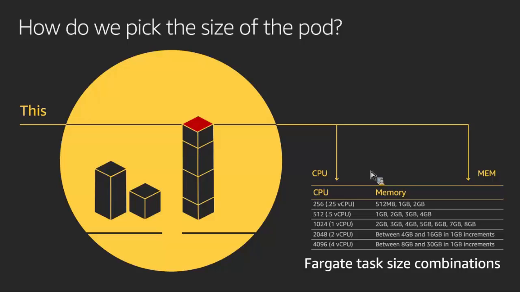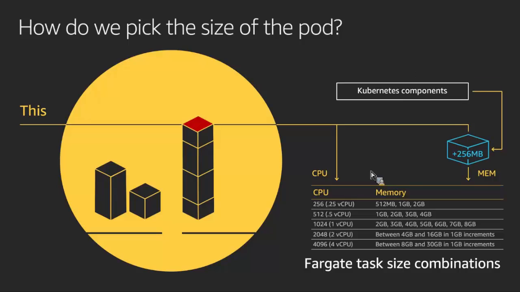Actually, I should mention that in order for all the Kubernetes mechanics to run inside that pod, including the kubelet and everything that needs to run inside it to allow it to show up as a virtual node inside my cluster, we also add 256 megabytes for those Kubernetes components to the size of the memory.